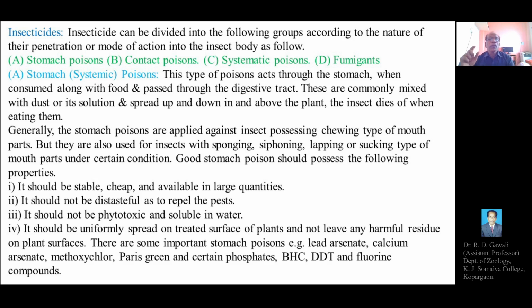Stomach poisons act through the stomach.